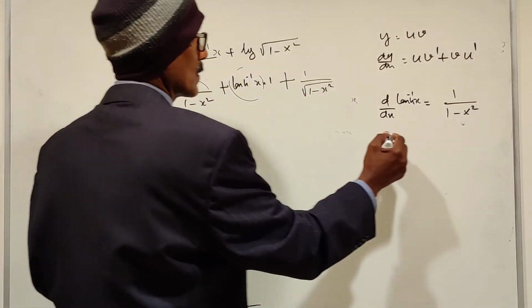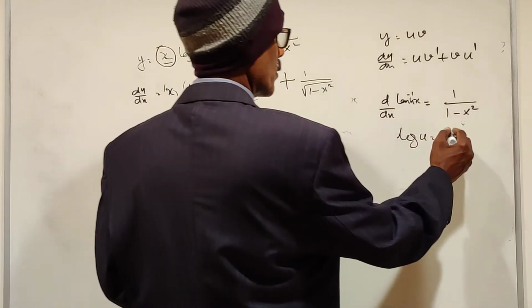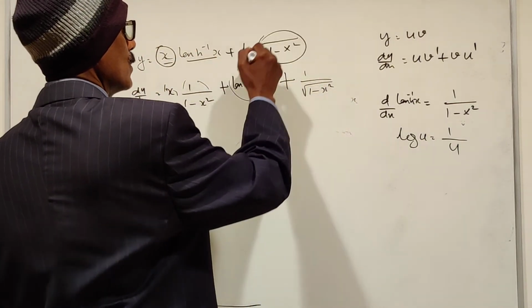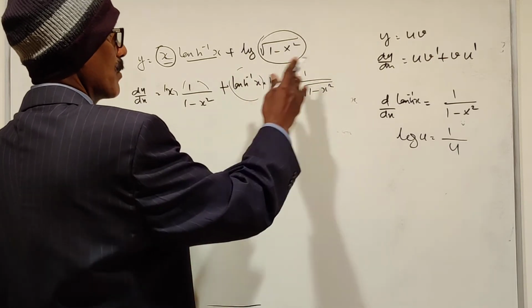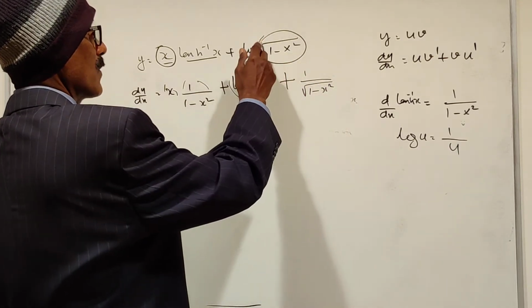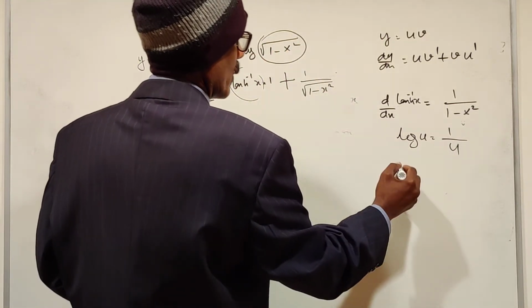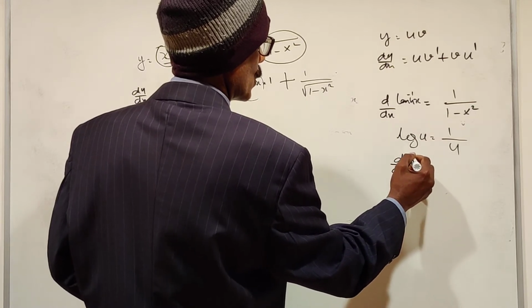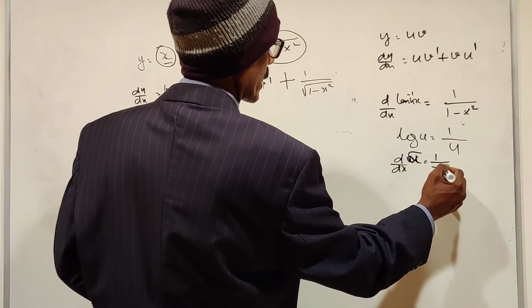Because for log, what is the derivative of log u? The derivative of log u is 1 by u. Here, in the place of u, the function is square root of 1 minus x square. Then by the chain rule, what is the derivative of root of? The derivative of root x is 1 by 2 root x.